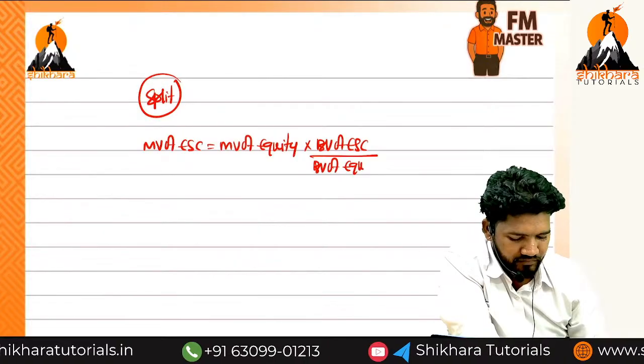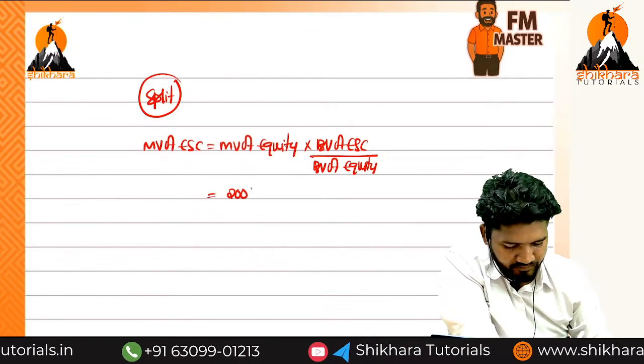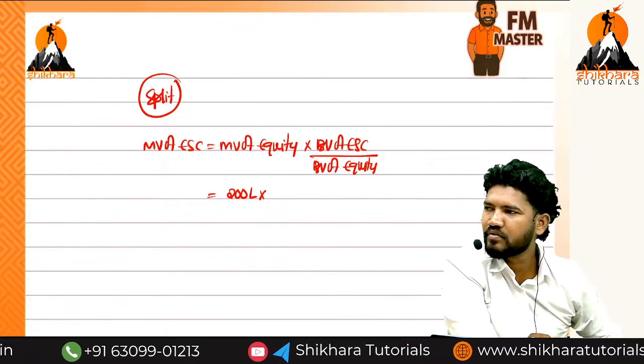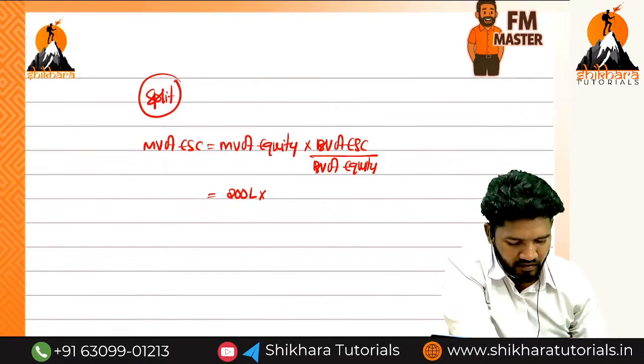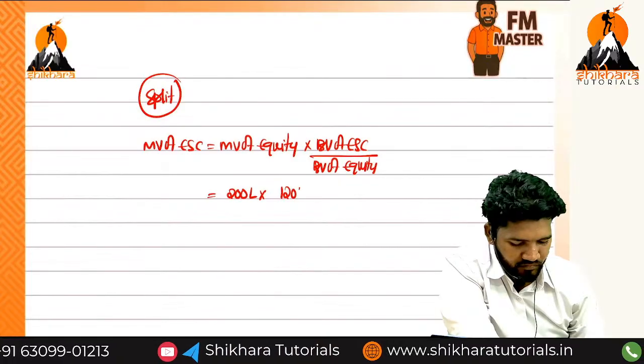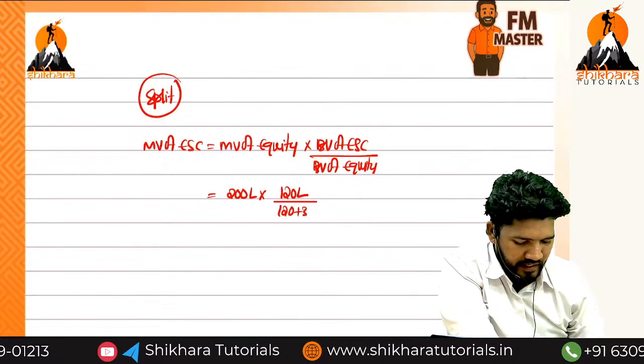Now what about the market value of equity? 200 lakhs. What about the book value of your equity share capital? 120. What about the book value of equity? 120 plus 30 lakhs.